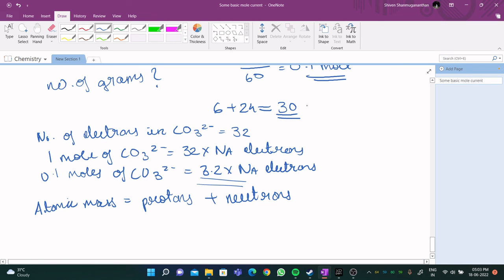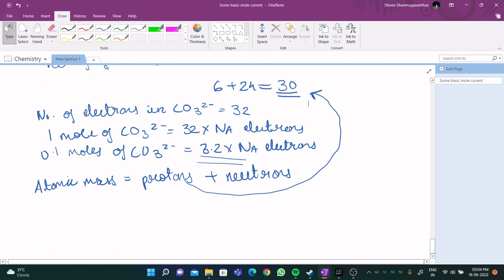Now we saw the number of protons here, right? So atomic mass, well, molar mass of CO3 2 minus is equal to 60 grams.